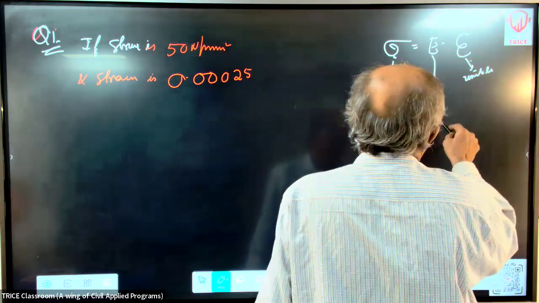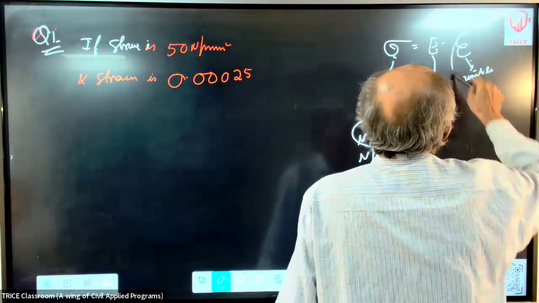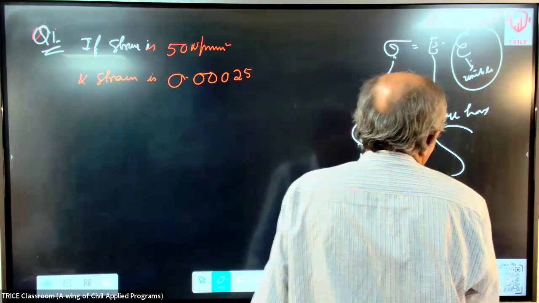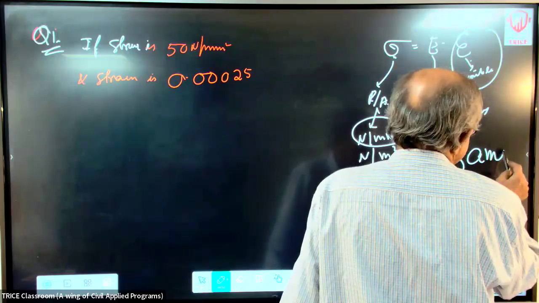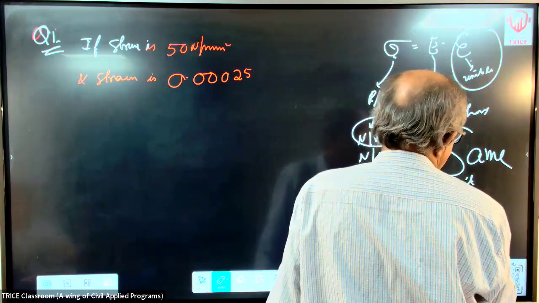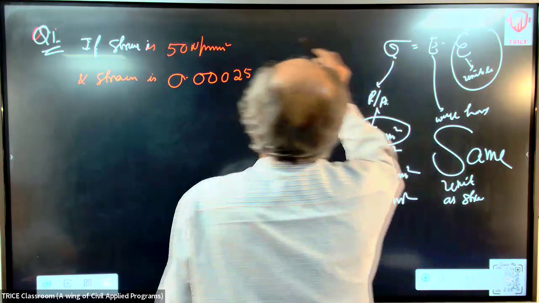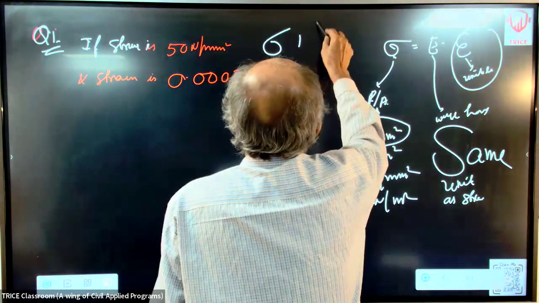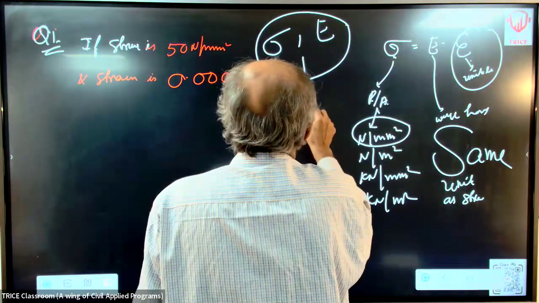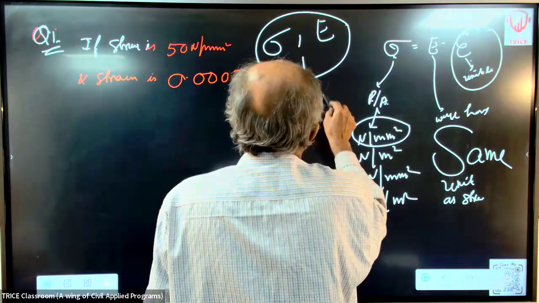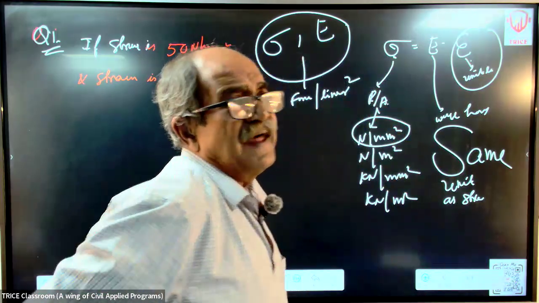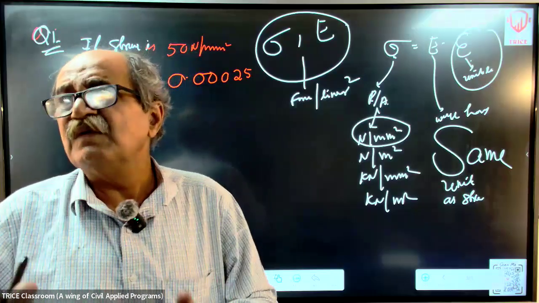So E will have the same unit as stress. Remember now, stress sigma and modulus of elasticity E both are force by linear square. Remember that one. A little later, I will explain once again.